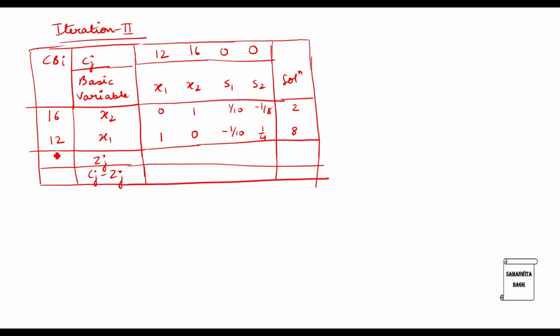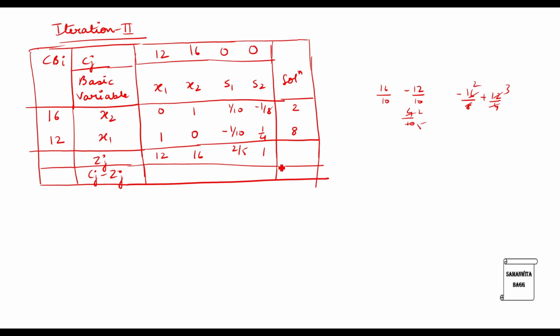Zj is 16 into 0 plus 12 into 1. So it is 12, 16 into 1, 16 plus 0. So it is 16. 16 into 1 by 10 minus 12 upon 10. So this will be 4 by 10, 2 by 5. And this is minus 16 by 8 plus 12 by 4.